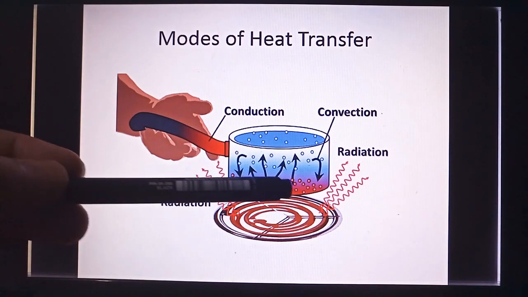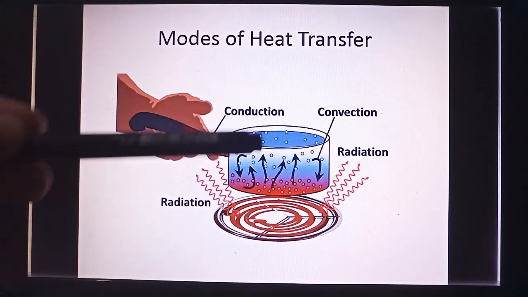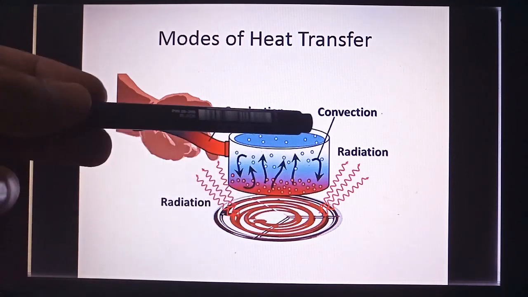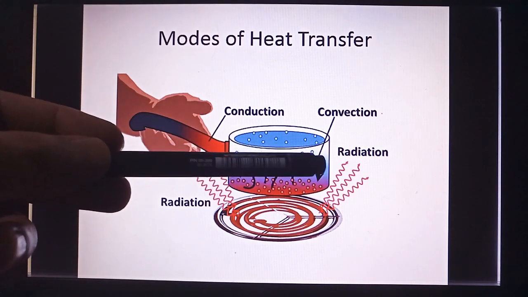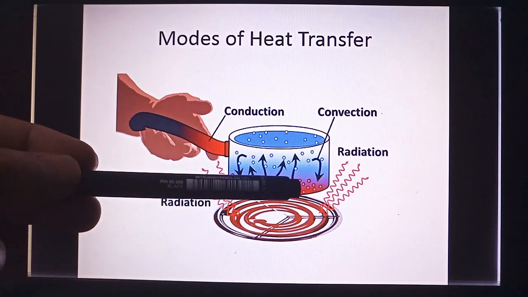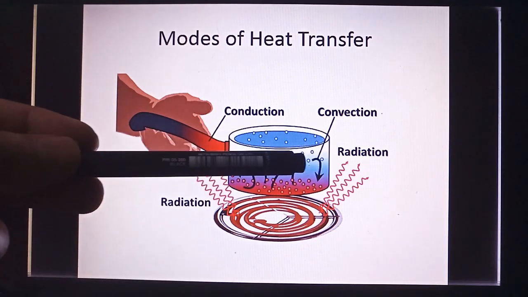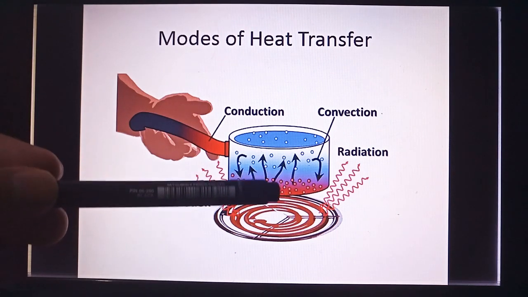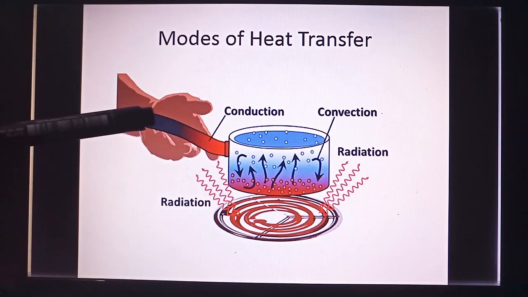Then, assuming there is a liquid inside your pan, there is this process we call convection, the transfer of heat in a fluid. And when the transfer of heat is through the metal in contact, that is conduction.